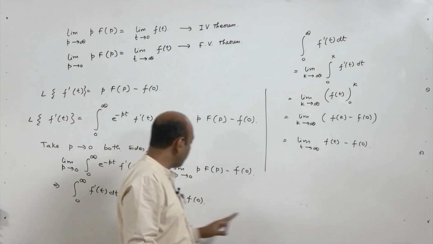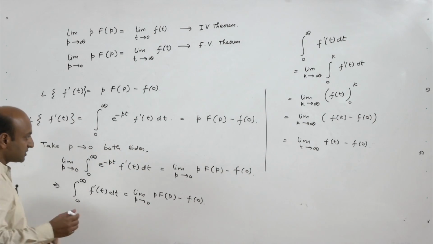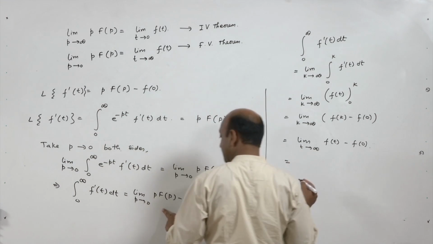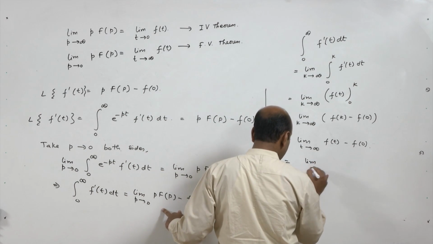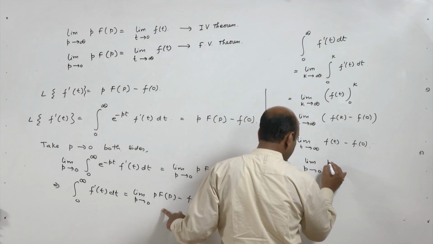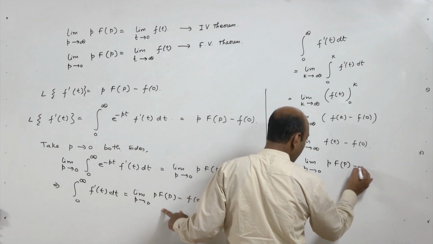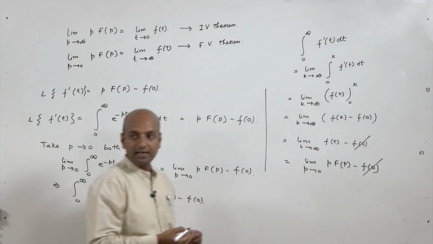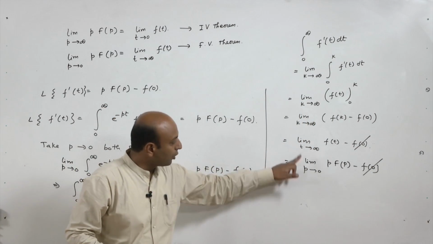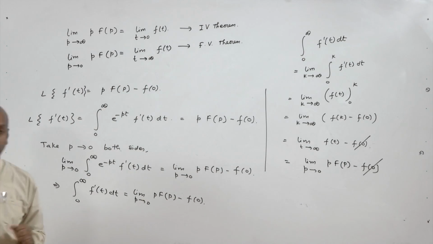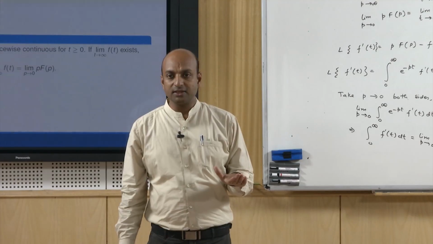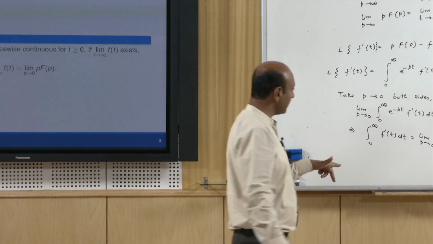So when we equate both the sides, this will be equal to, from this side, limit p tending to 0 p F(p) minus f(0). So f(0) cancels from both the sides, and we obtain this result, which is the final value theorem. If the function is continuous at t equal to 0, we are having f(0) over here.